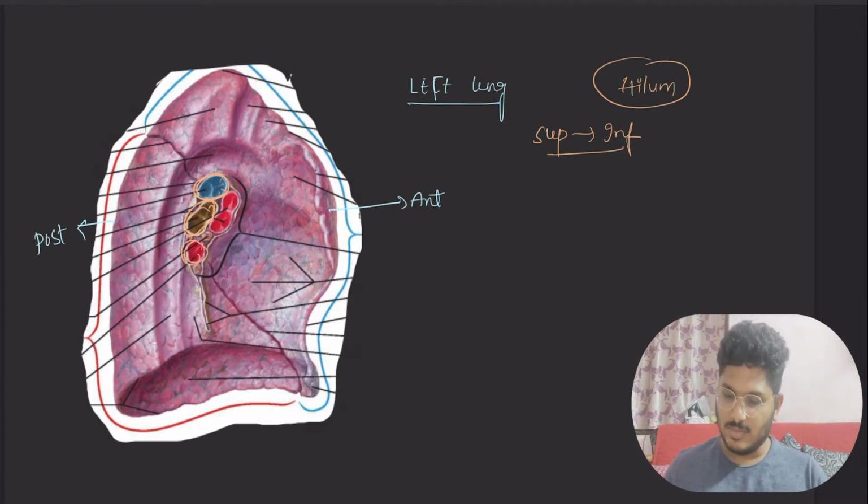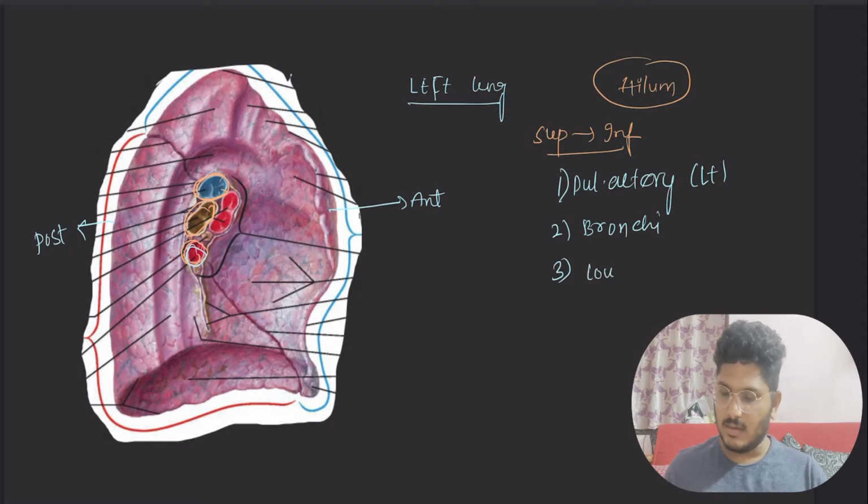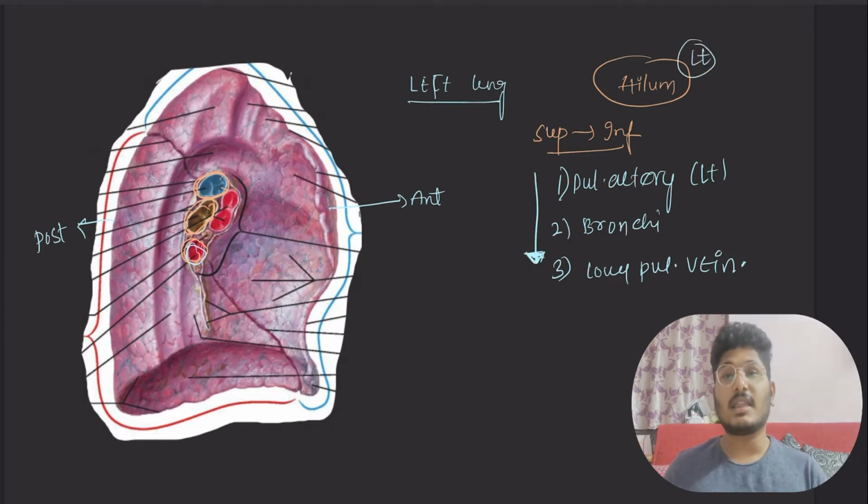That is, superiorly there is the deoxygenated blood carrying left pulmonary artery, followed by the bronchi, eparterial and hyparterial bronchi. Third one, inferiorly the lower pulmonary vein. These are the superior to inferior relations. This is regarding the hilum of left lung and right lung, which are mediastinal surface relations only.